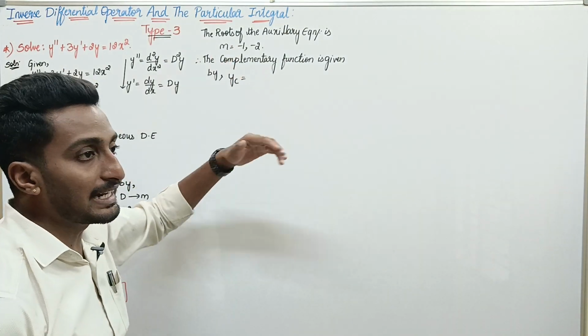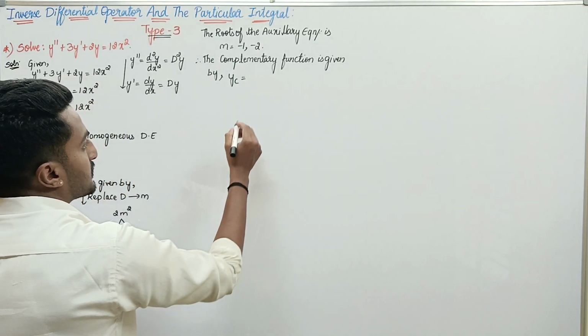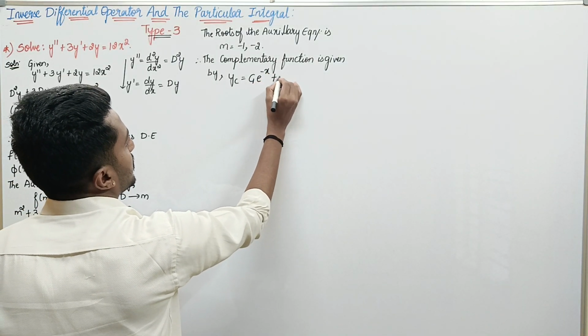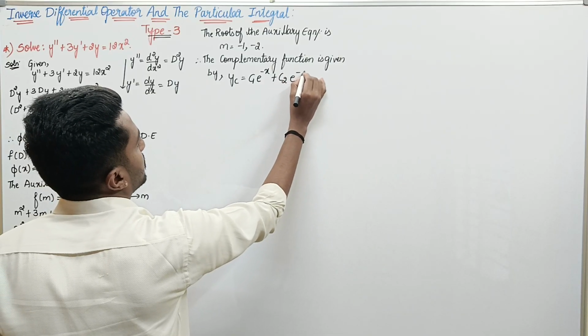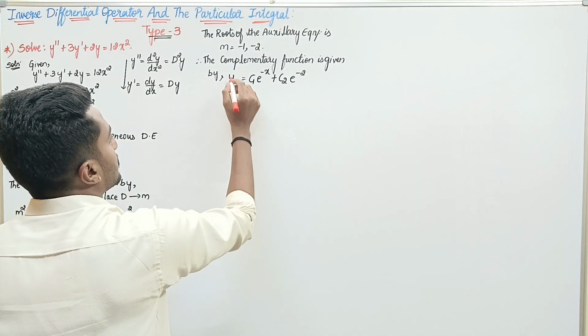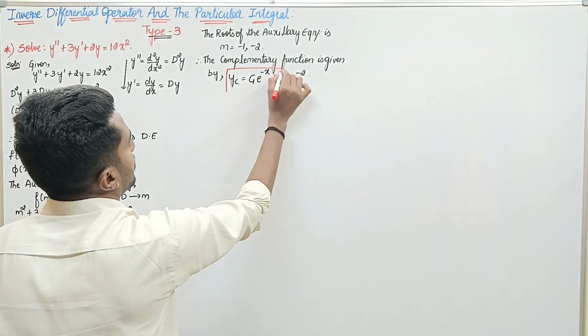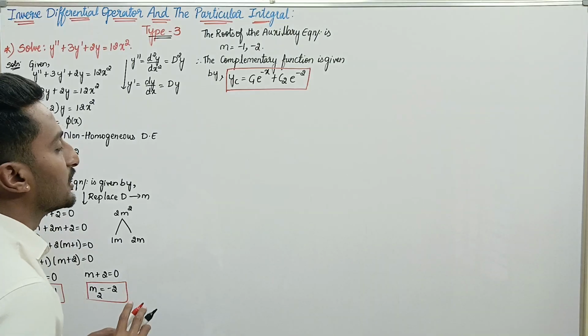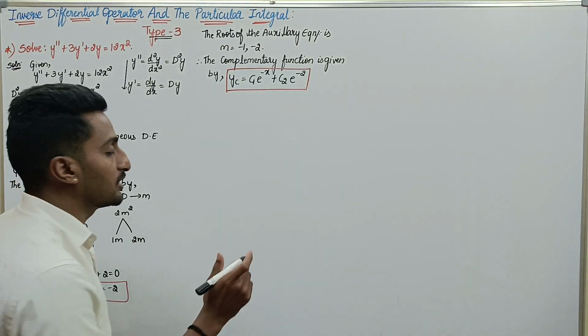Since the roots are real and distinct, yc equal to c1 e power of minus x plus c2 e power of minus 2x. This is our complementary function for the roots we have found. Next, we are supposed to find the particular integral.